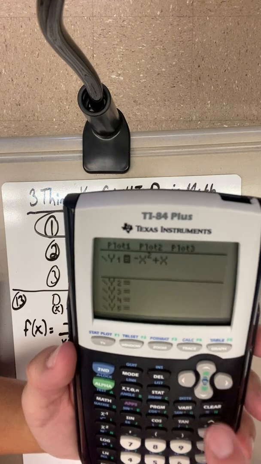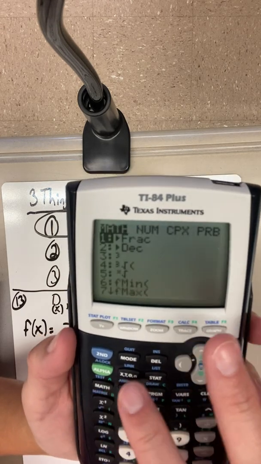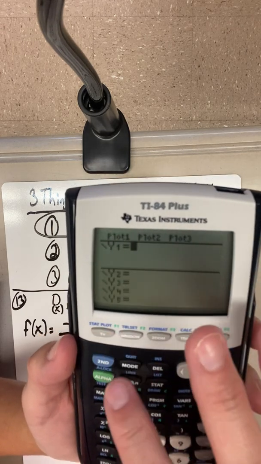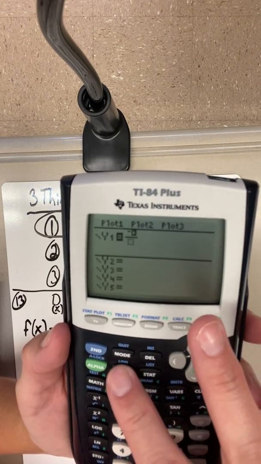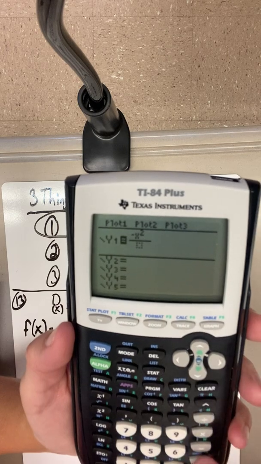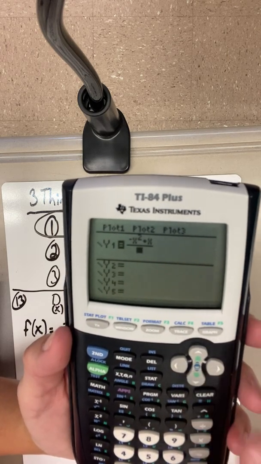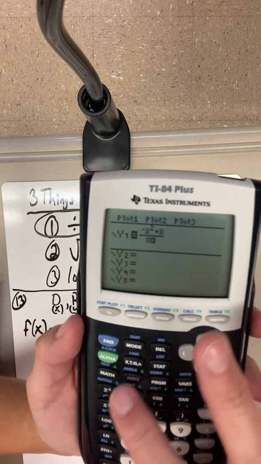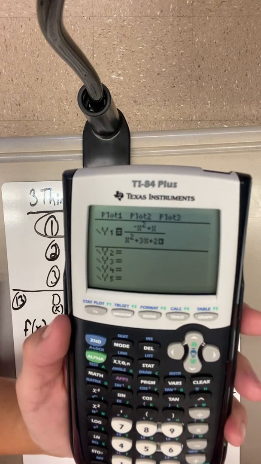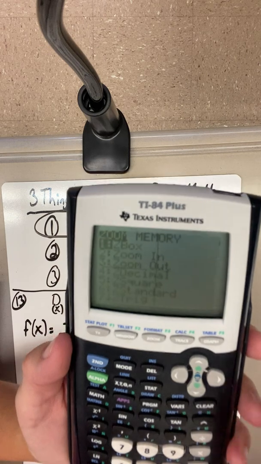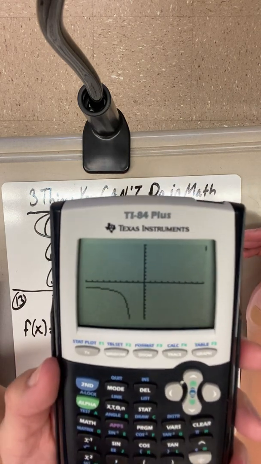Clear. Alpha y equals fraction. Let's try that again. -x² plus x over x² plus 3x plus 2. Zoom standard. If you've already zoomed standard, you can just hit graph.